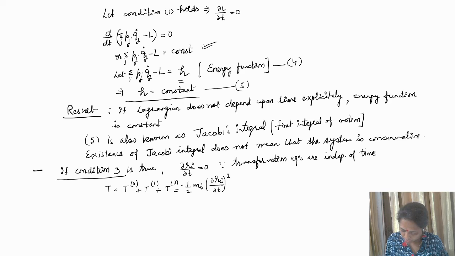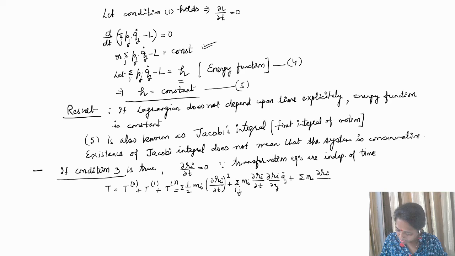Again you will put summation, then summation m_i delta r_i by delta t, delta r_i by delta q_j, q_j dot, plus summation m_i delta r_i by delta q_j, delta r_i by delta q_k, q_j dot q_k dot. This is an expression for kinetic energy.